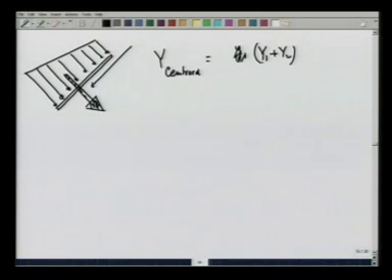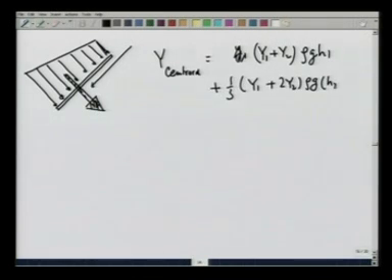I am using the formula that we derived earlier for the centroid, rho g h1, which is the pressure here at this point, plus 1/3 y1 plus 2 y2 times rho g h2 minus h1 divided by rho g h1 plus h2.